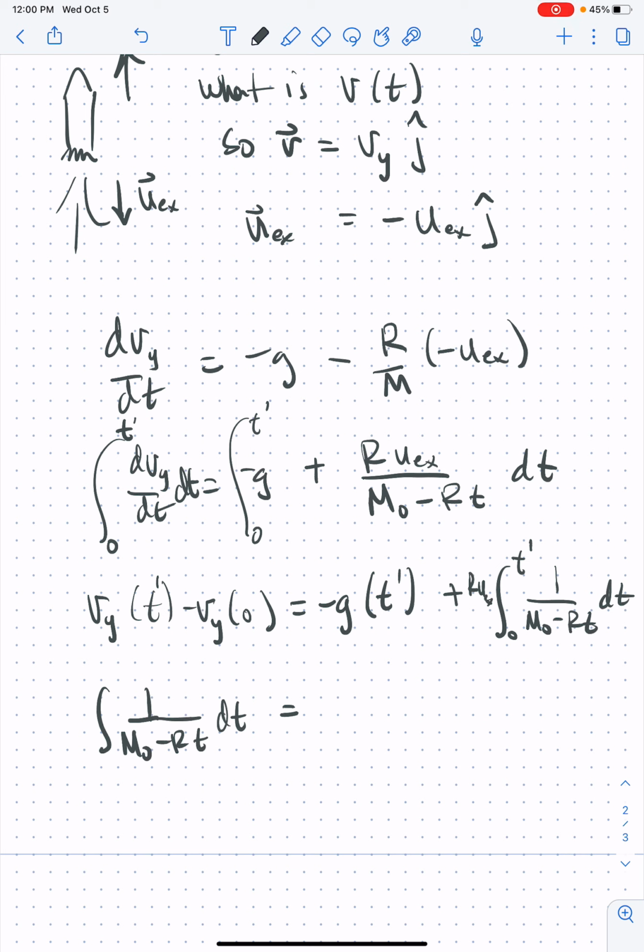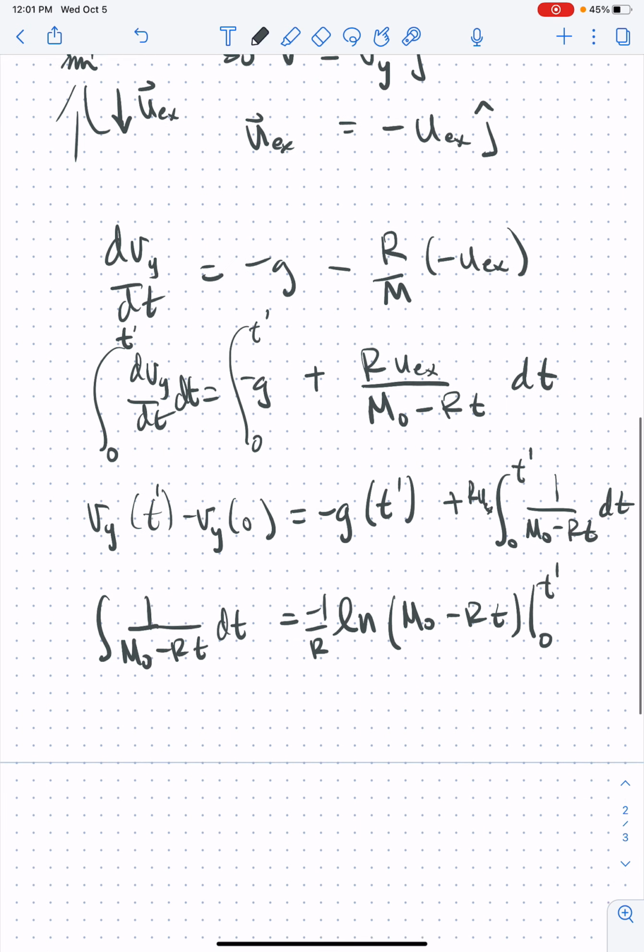That integral is going to be the natural log of m naught minus rt times negative 1 over r, evaluated from 0 to t prime.